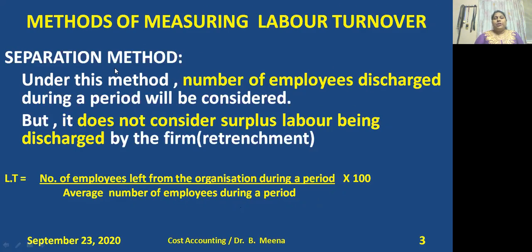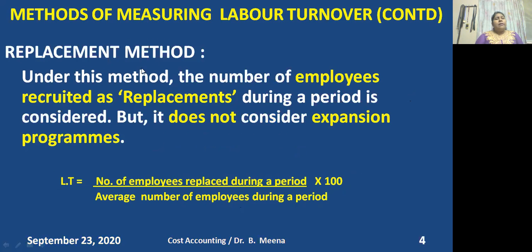So under the separation method, I'll consider how many of them were discharged, but I'll not consider surplus labor discharged due to the retrenchment scheme. Okay. And then under the replacement method, I'll consider only how many of them were replaced in the vacancies, but I'll not consider expansion programs, how many of them were recruited. An expansion program means at present I'm having one unit.